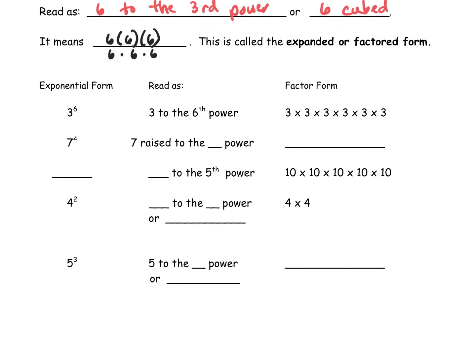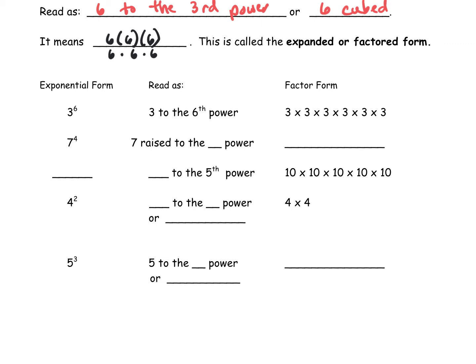So let's explore this. These are all written in exponential form. And then we have to talk about how we read it. And then we're going to try to write the factored form or expanded form. So this first one is written as 3 to the 6th power. That's how we pronounce it. And then we can write it as, we're going to see 6 3s all being multiplied.